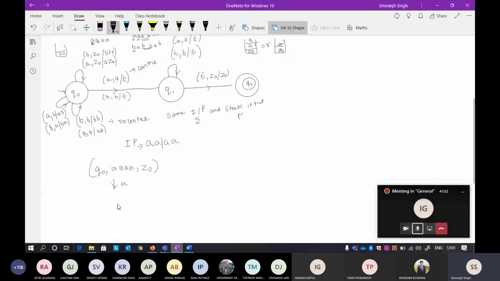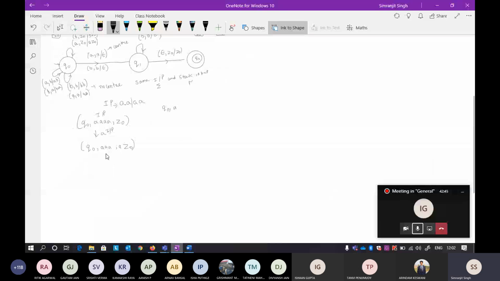You got an input of A, so now the input will become 3 A's. The step here is that you are at state Q naught, Z naught is at the top of the stack, and you got an A, so you push the A, and the stack becomes A Z naught.